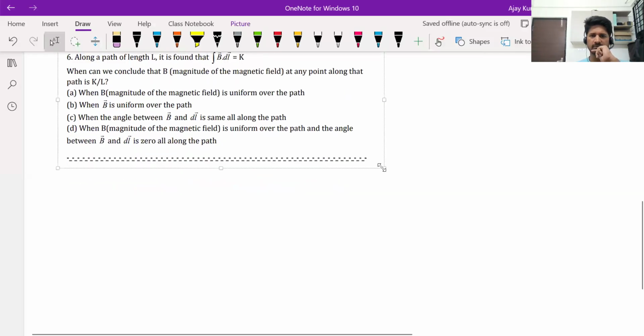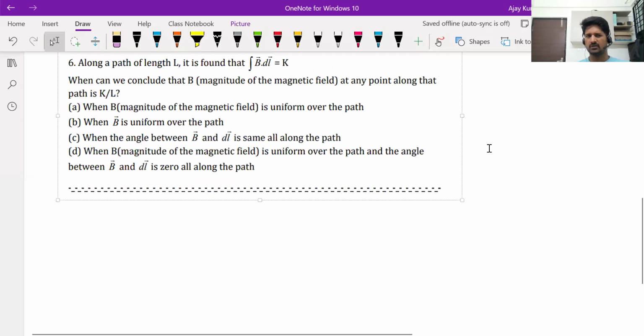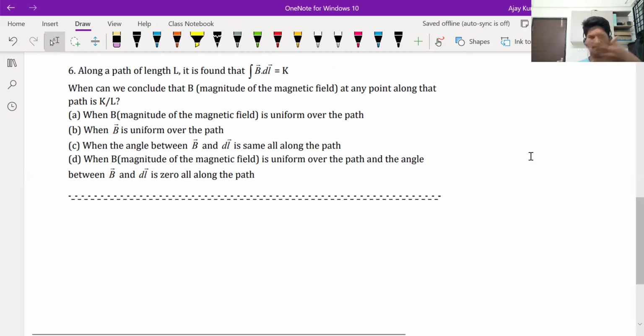So along a certain path of length L, you're not given the shape of the path, but the total length of the path is L. It is found that integral B dot dl is equal to k, some value.